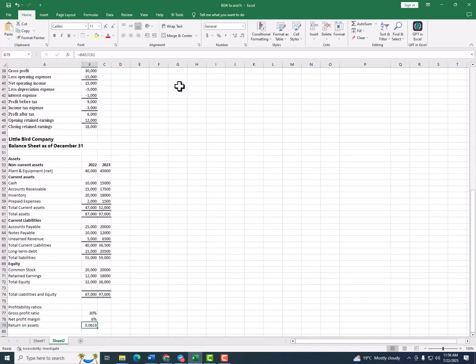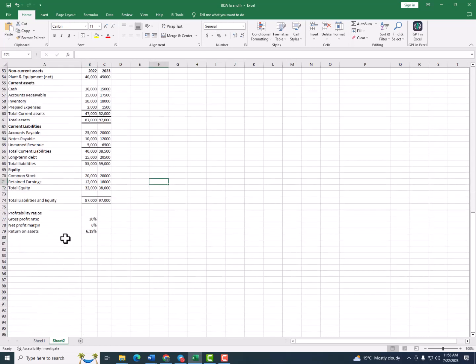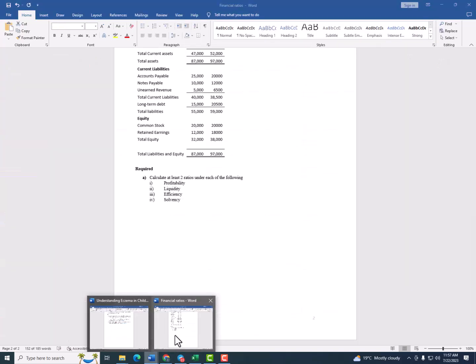Here we can convert into percentage and add 2 decimal points. We have return on equity. Work it out. Second ratio we are required to look at is liquidity.